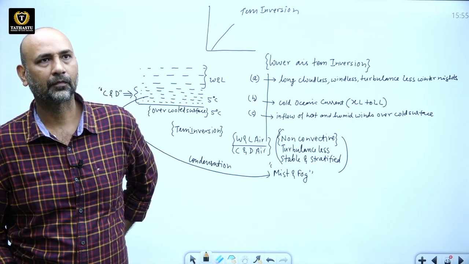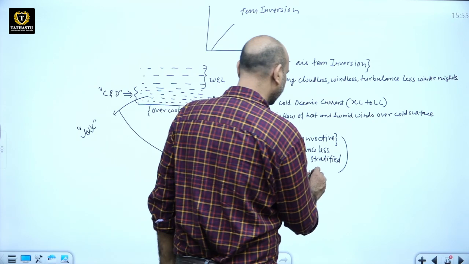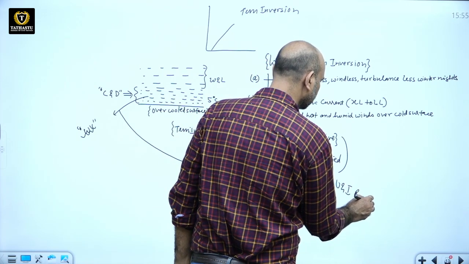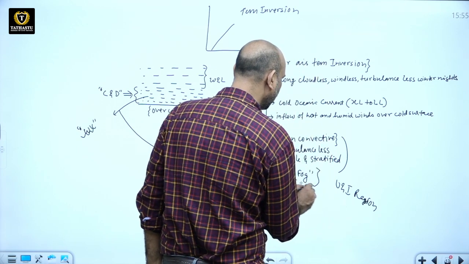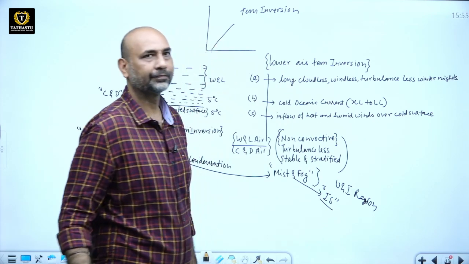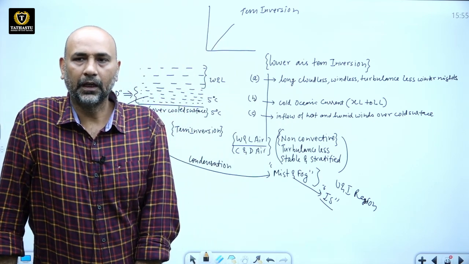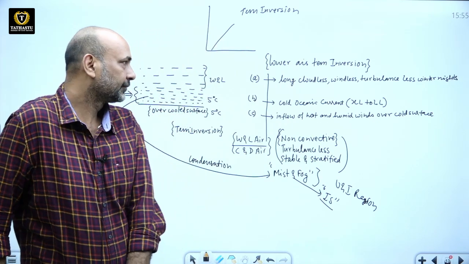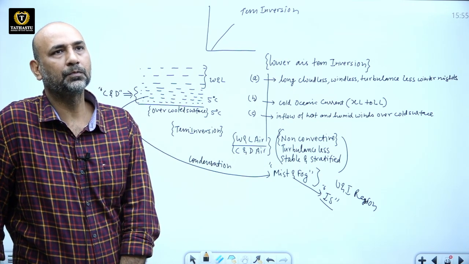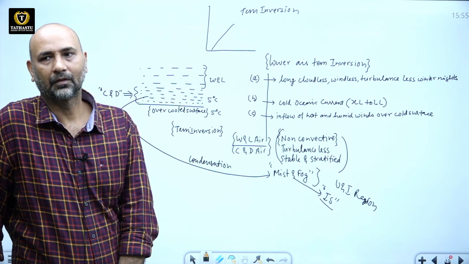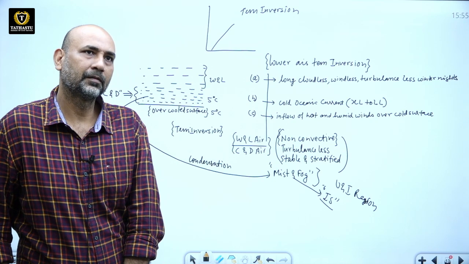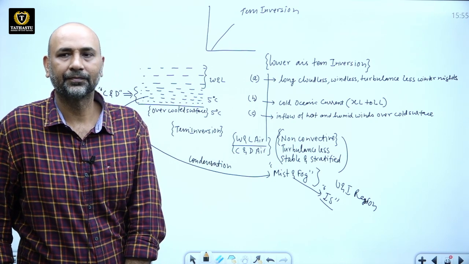Let us move ahead. Remember that in urban and industrial regions, this mist and fog is mixed with industrial smoke, forming poisonous smog, which negatively affects the health of the people, particularly respiratory systems.